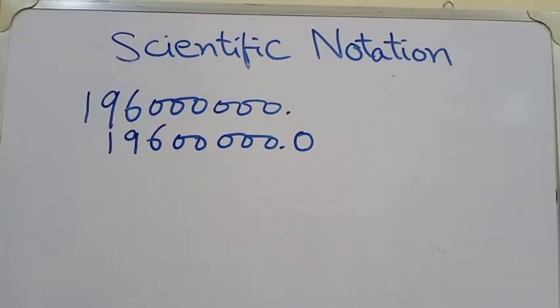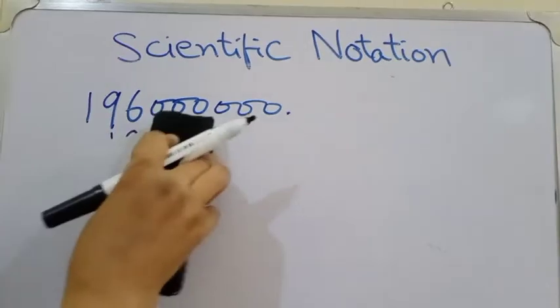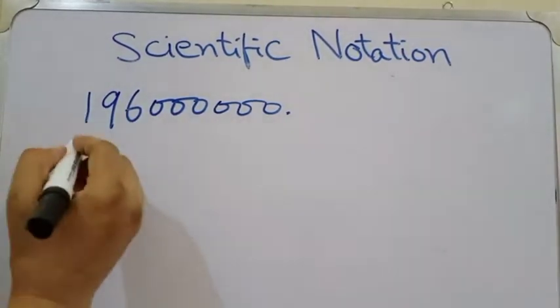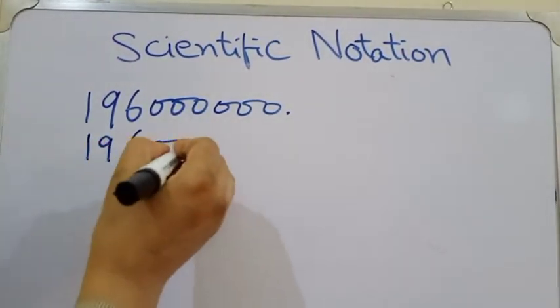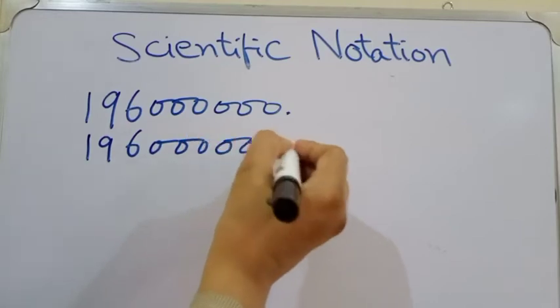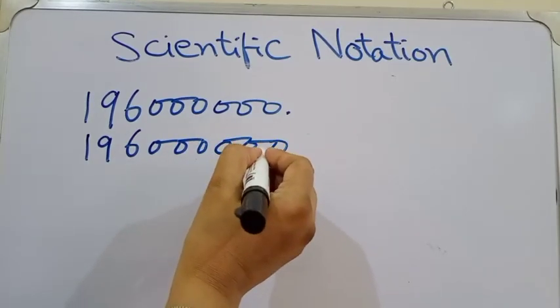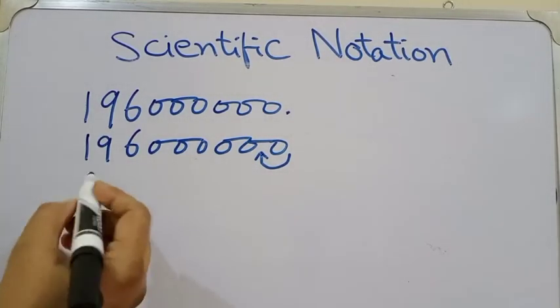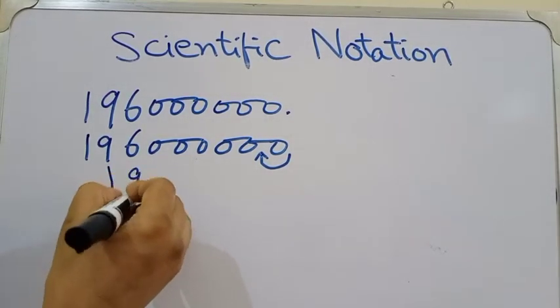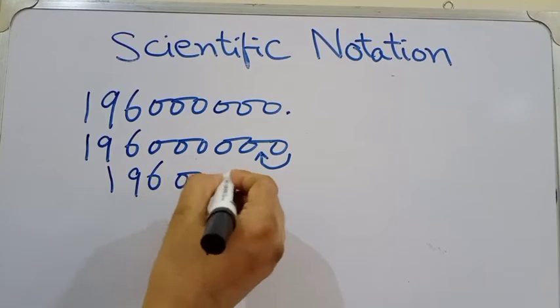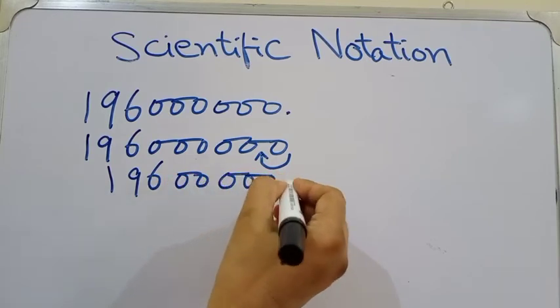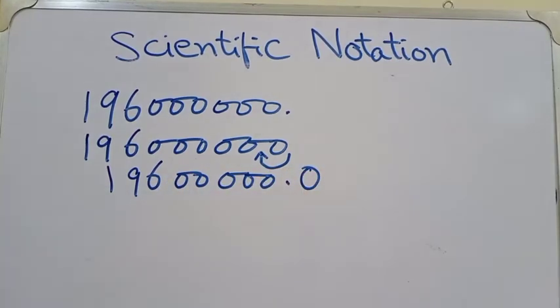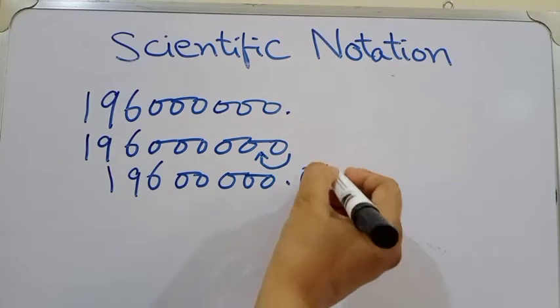We write the number again and shift the decimal one place to the left. So it becomes 196, and we write it as multiplied by 10.